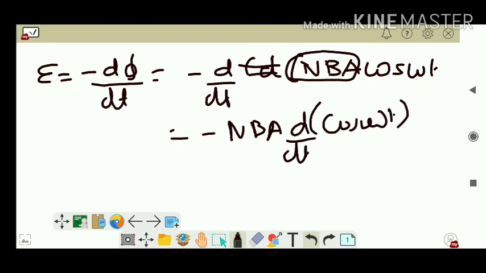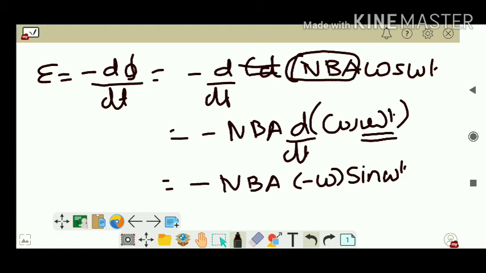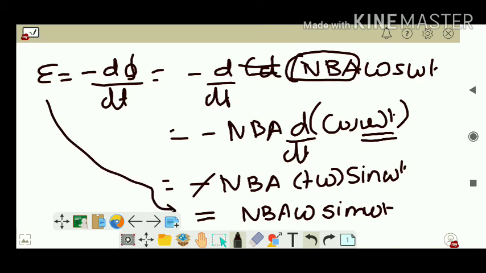Now what is d by dt of cos omega t? It is minus omega sin omega t. So minus NBA times minus omega sin omega t. Now minus minus goes off, so the answer will be NBA omega sin omega t. This is the expression for the induced EMF. If there are N number of turns of coil kept in a magnetic field and that coil rotates by an angle theta, then the induced EMF is given by this value.